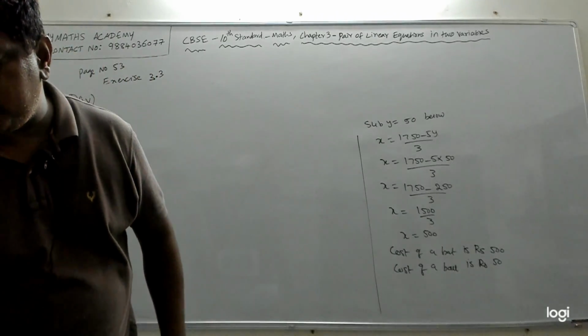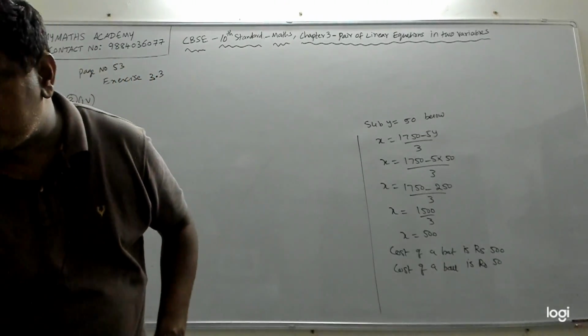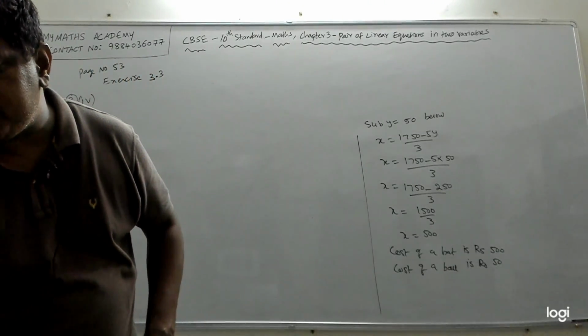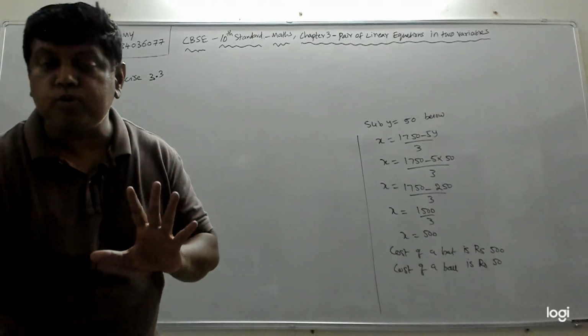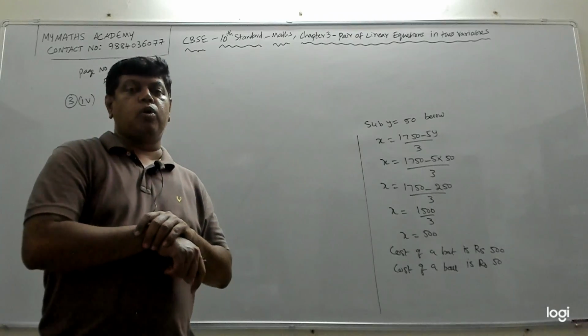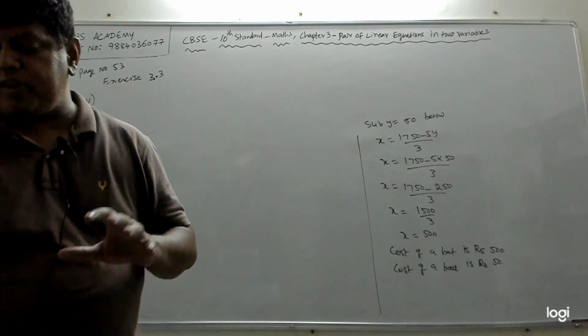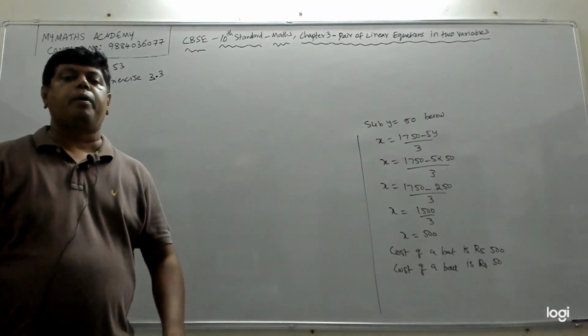So for a distance of 10 km, the charge paid was 105 rupees, and for a distance of 15 km, the charge is 155. Now, what is the fixed charge and what is the charge per kilometer? And also, a person who is traveling 25 km, how much that person has to pay?